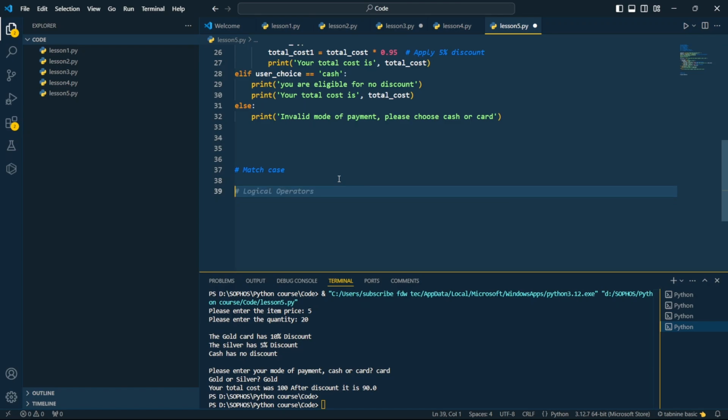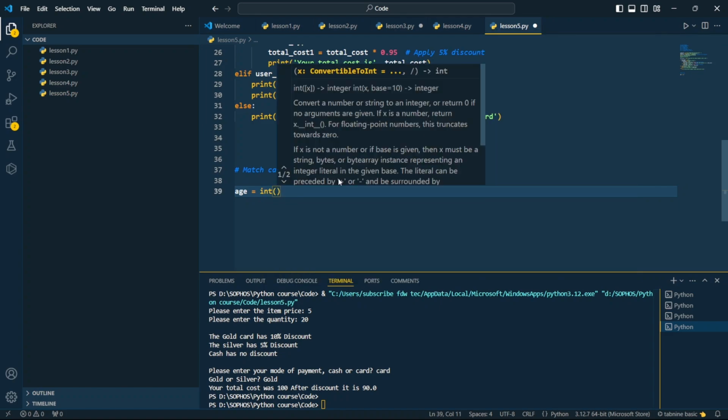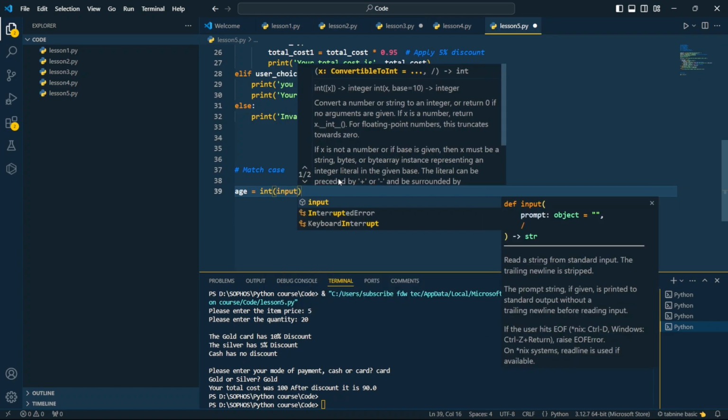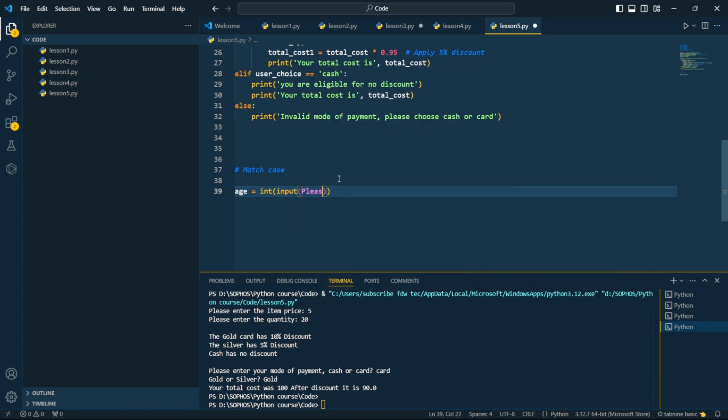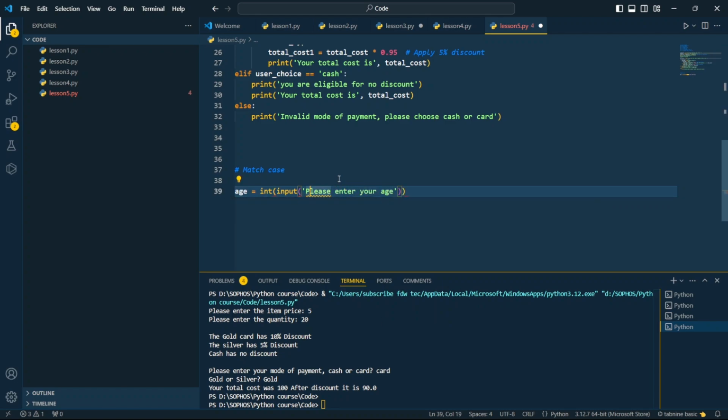For example, if I have a variable with the name age and I ask the user to input and say, please enter your age. There's a problem because I've not put the quotations. Perfect.